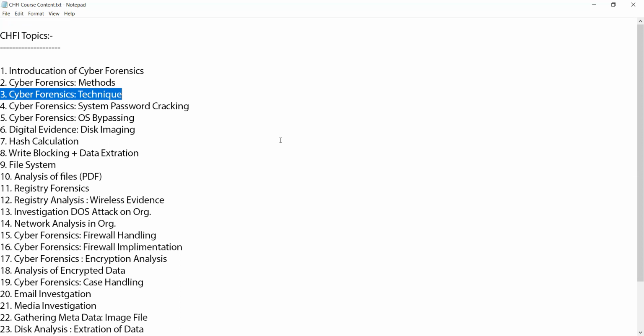Now the next thing is cyber forensics of OS bypassing. In that scenario, we will discuss the system being in the off state, and suppose the cyber criminal has scheduled a task for when the system starts. So a scheduled task is going to run and the system is going to crash.